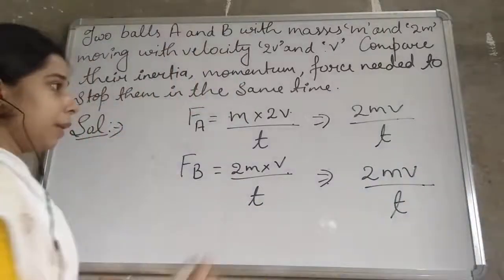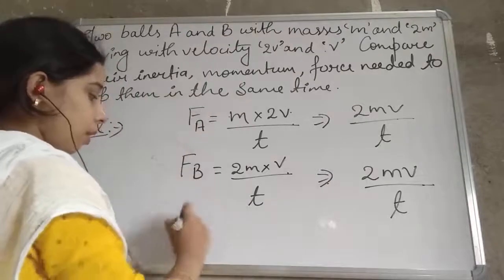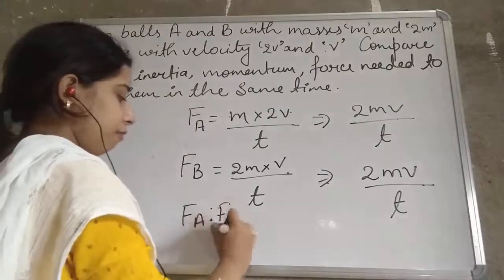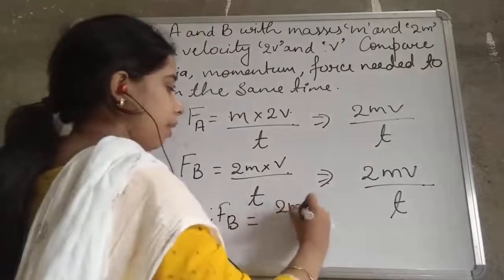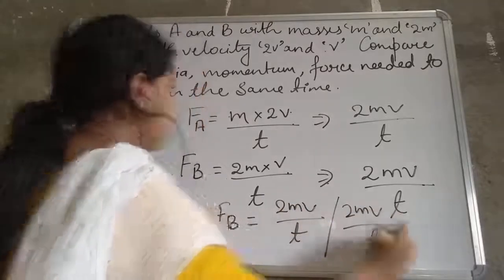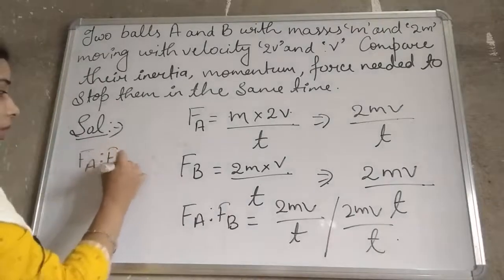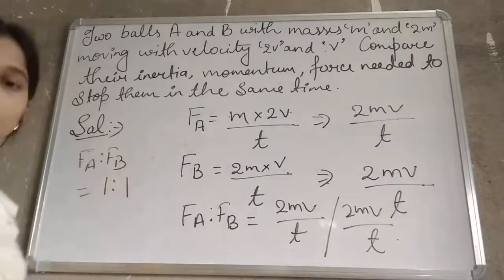So you can see here that both of them, if we see the ratio, FA ratio FB will be 2mv upon t, 2mv upon t, which equals 1:1.